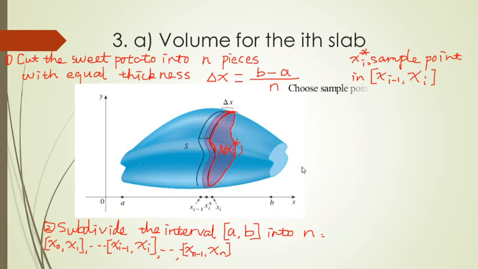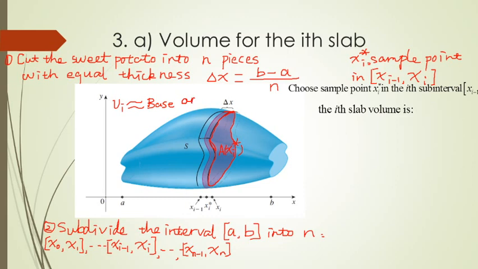Now let's check that. Choose the sample point xi star in the ith subinterval. Then the ith slab volume Vi can be estimated as the base area times the thickness of the slab, which is delta x.